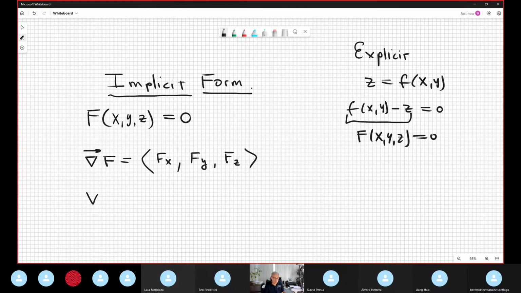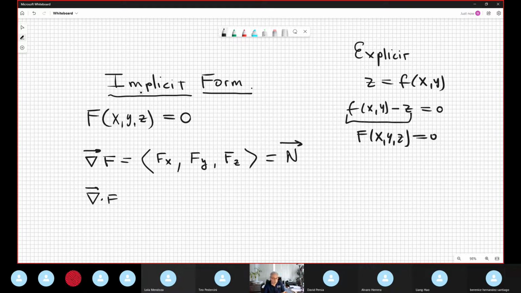Suppose I want to compute this gradient, it is a normal vector. This is a normal vector, not a unit normal vector, it's a normal vector. It's perpendicular to the surface, because the gradient is always perpendicular to the level surface.